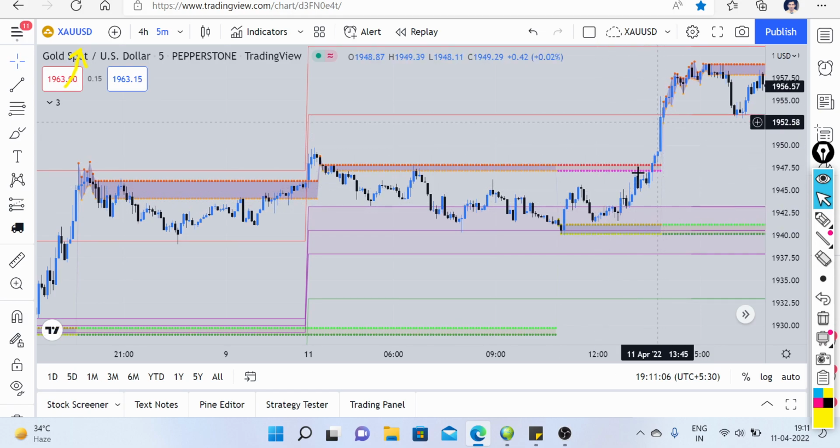So let's check this on the order flow chart, or you can say footprint chart.